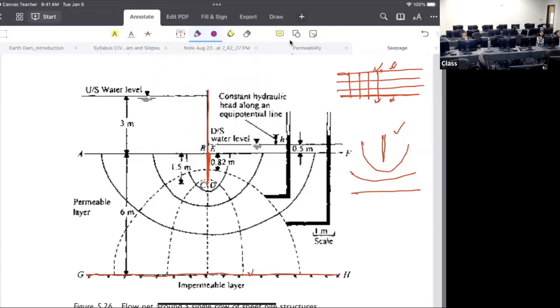Let us use a different color for the potential line. We cut each flow line at 90 degrees, right? Okay, cut at 90 degrees. Got it?